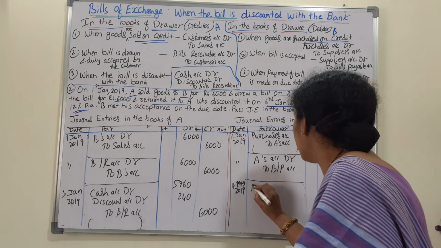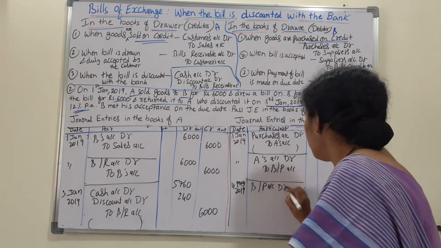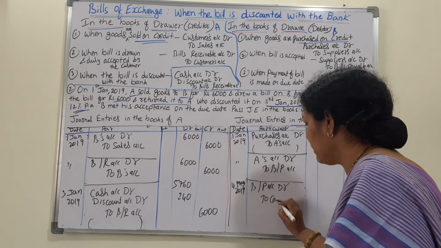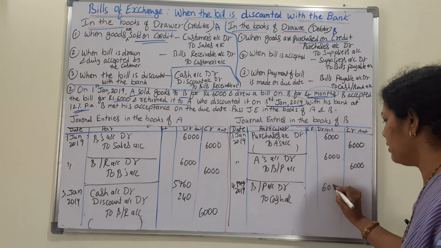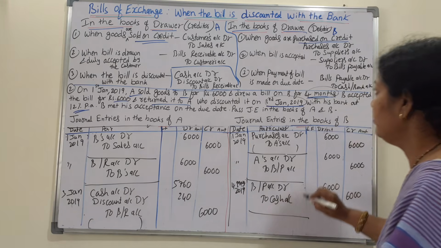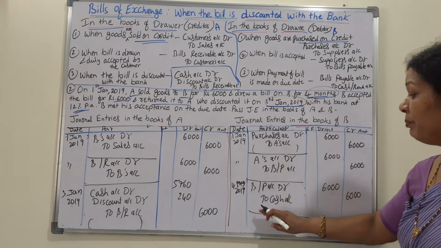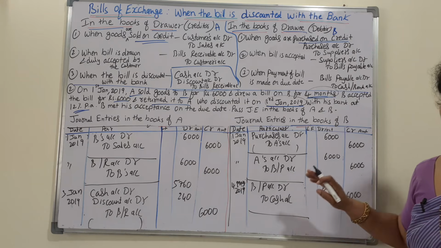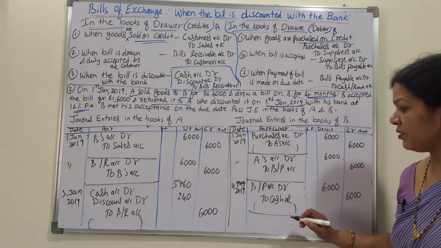Bills payable debit to cash account for making payment. How much? 6,000 only. Being payment of bill on due date. This is the narration you have to write.